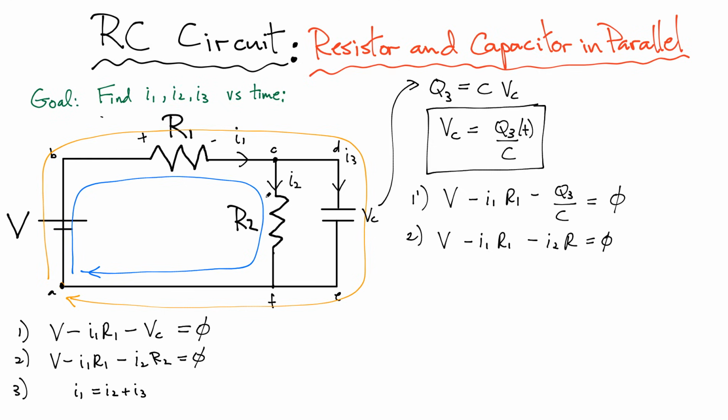And that's true, right? The voltage across any branch in a parallel circuit has to be equal. So we have to have that I2R2 equals Q3 over C. This is a very important relationship that we're going to be using later to simplify our equation. So we have 2 important things that came out of this analysis.